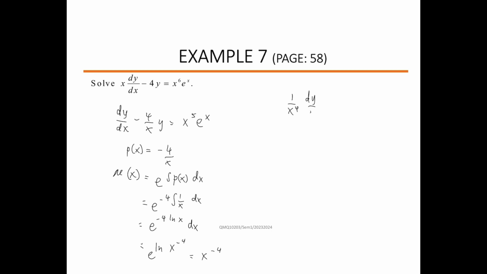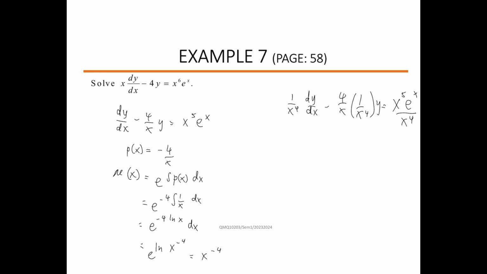So dy over dx minus 4 over x times 1 over x to the power of 4 y equal to x to the power of 5 e^x divided by x to the power of 4.